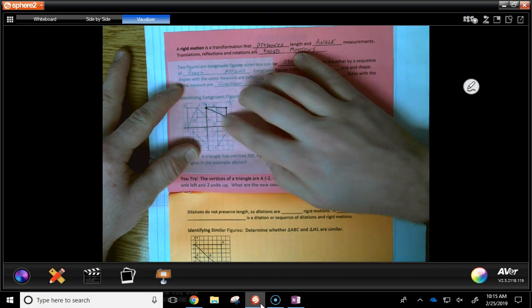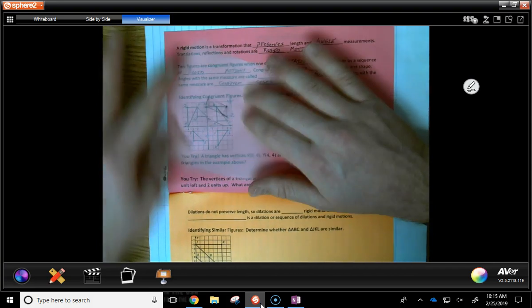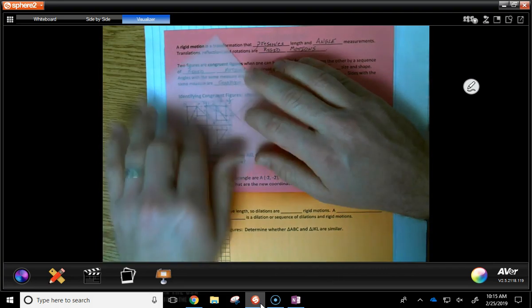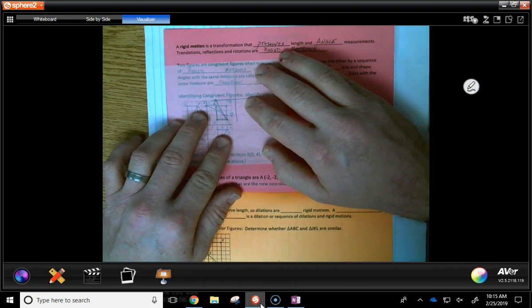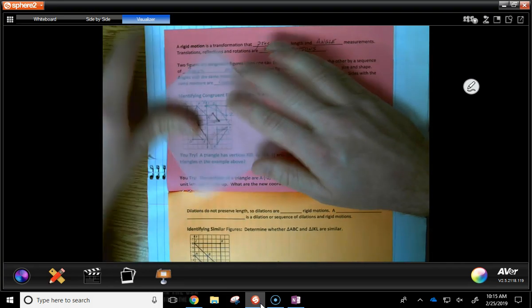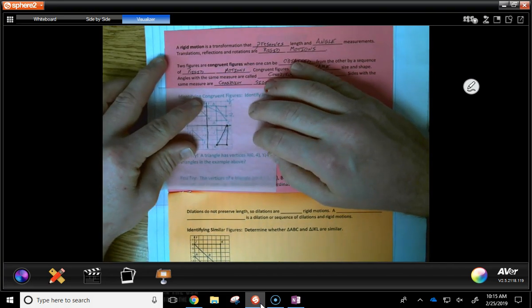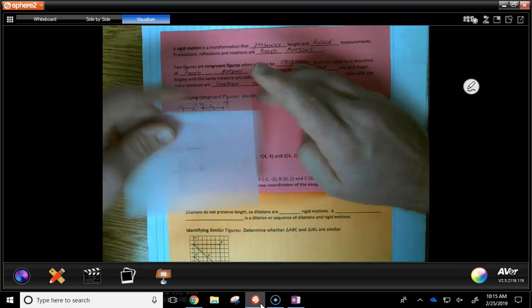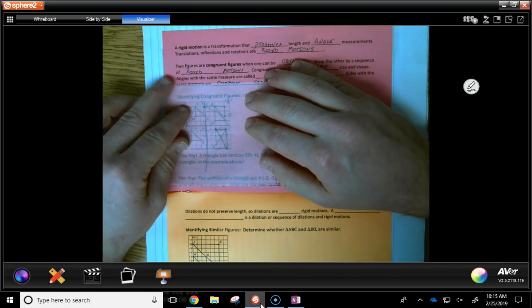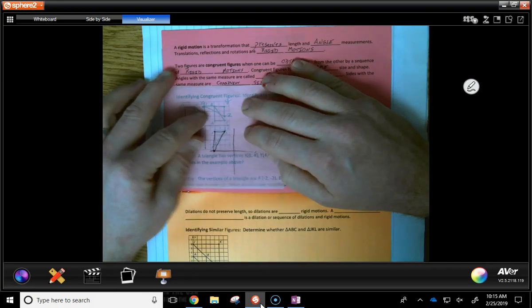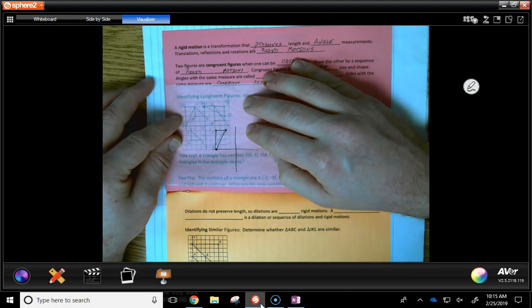I know it can't match up with that one. It's too big. Even if I reflected and turned, it's too big. If I try to match it up with the triangle down here, well, it's that way. I have to reflect and slide. No. Reflect and slide. Still too big and off.